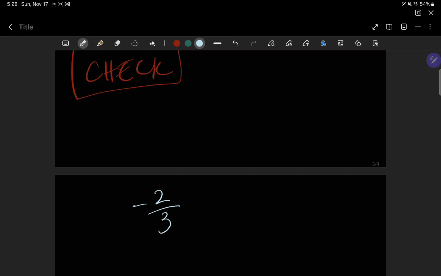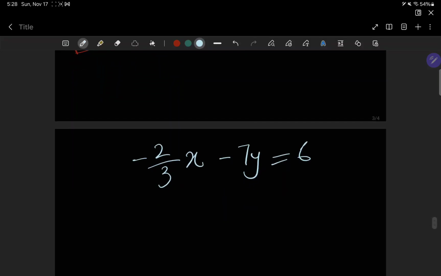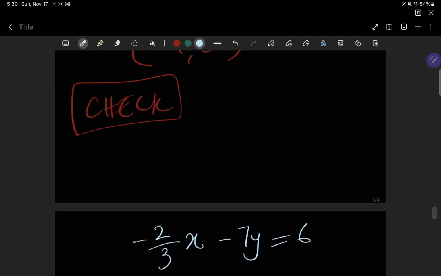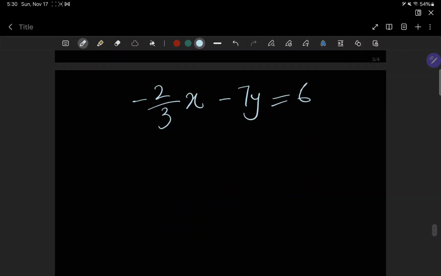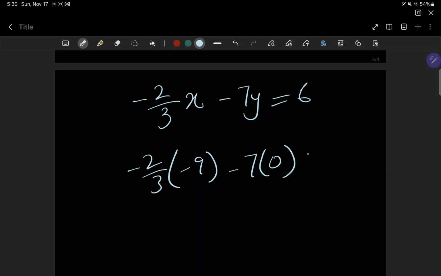Minus 2 by 3 x minus 7y equals 6. And hold on. All right, so let's input the value of, what did we find? Yeah, we found both of them. So minus 2 by 3, x is minus 9, and y is 0.